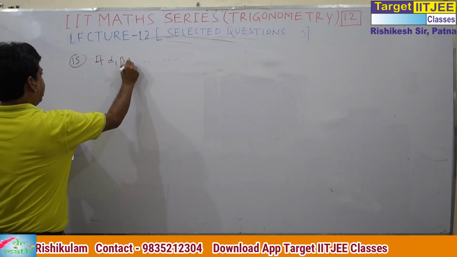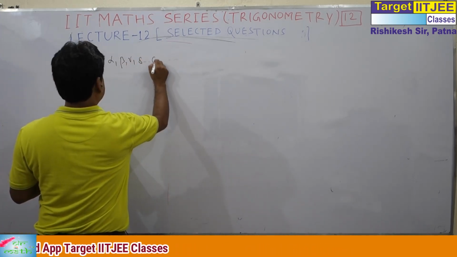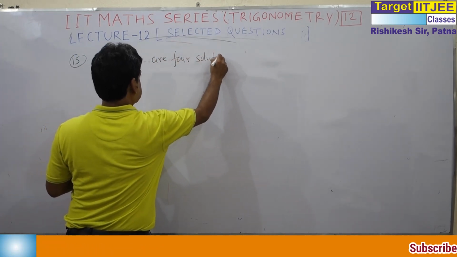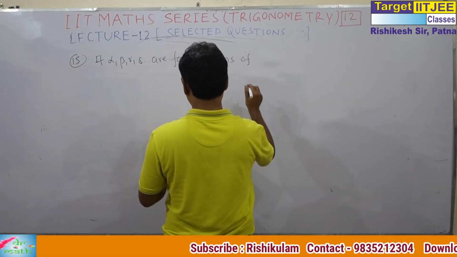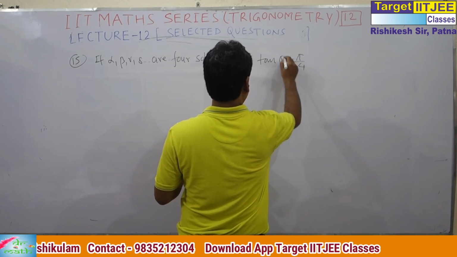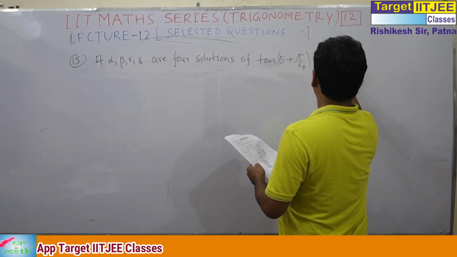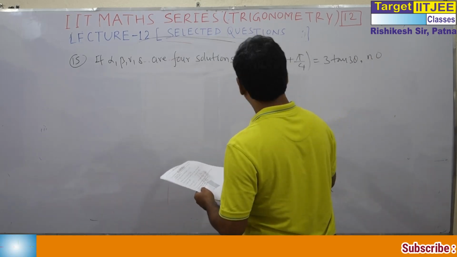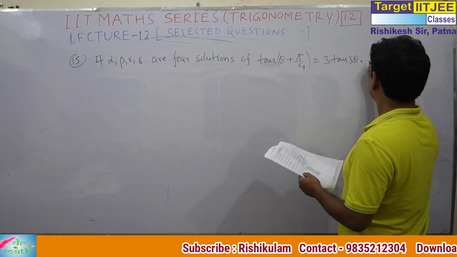If alpha, beta, gamma, delta are four solutions of tan of theta plus pi by 4 is equal to 3 tan 3 theta. Note: 2 of which have equal tangents.